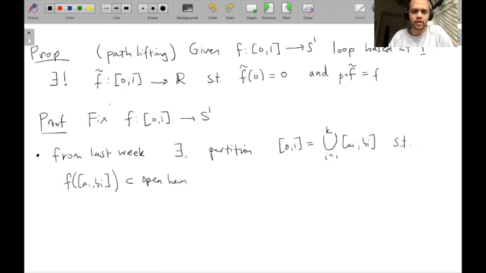Or hemisphere, we're on the circle, so I guess I can just say semicircle, U in S1.